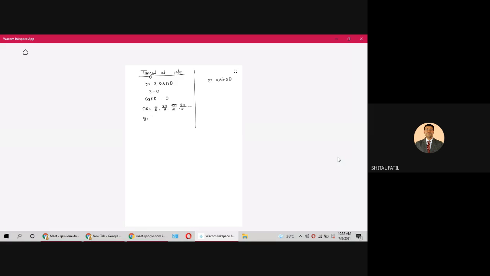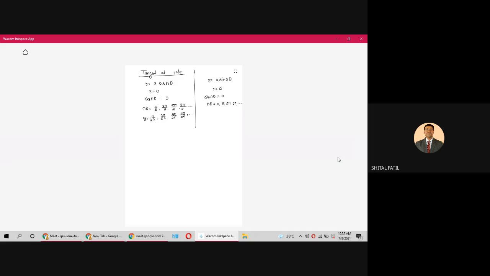So theta equal to pi divided by 2n, 3 pi divided by 2n, 5 pi divided by 2n, 7 pi divided by 2n, next will be 9 pi divided by 2n, 11 pi divided by 2n, and so on. Whereas in this case, sine n theta equal to 0, that is n theta equal to 0, then pi, 2 pi, 3 pi, and so on.